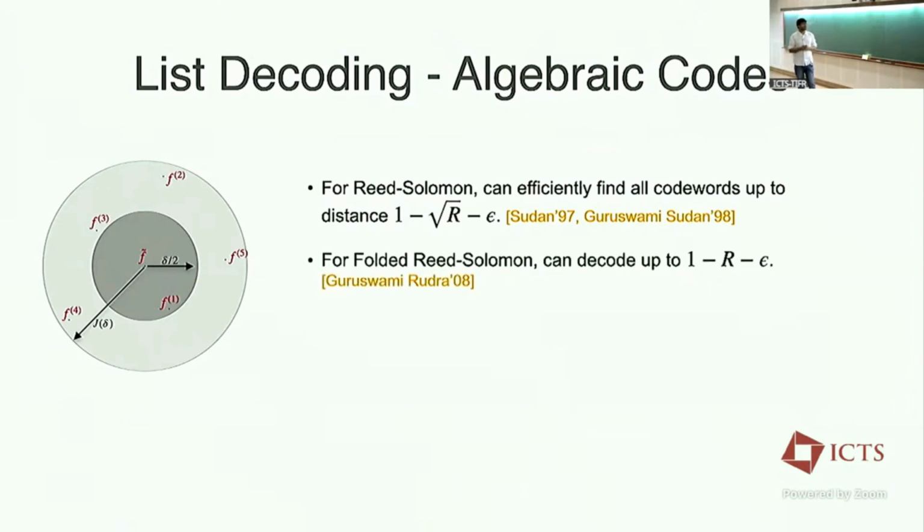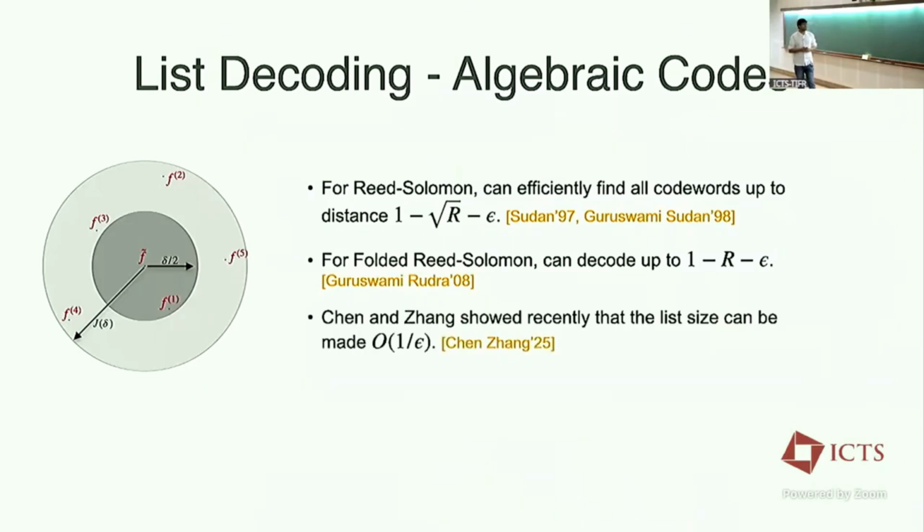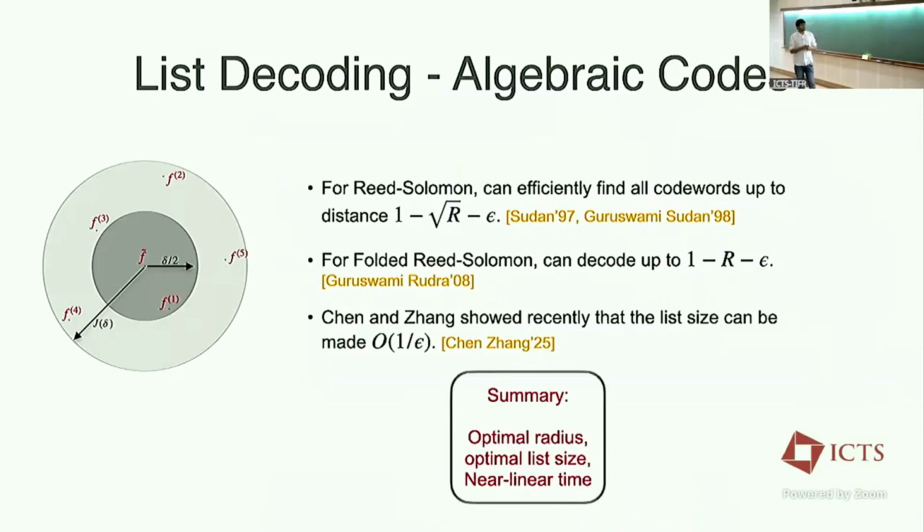And some variants of Reed-Solomon codes that you obtain just by folding symbols together can be decoded up to the optimal radius. Recently, Chen and Zhang showed that the list size also can be made optimal for those very codes without any modifications. So just to summarize, these algebraic codes have optimal radius, optimal list size, and near linear time.